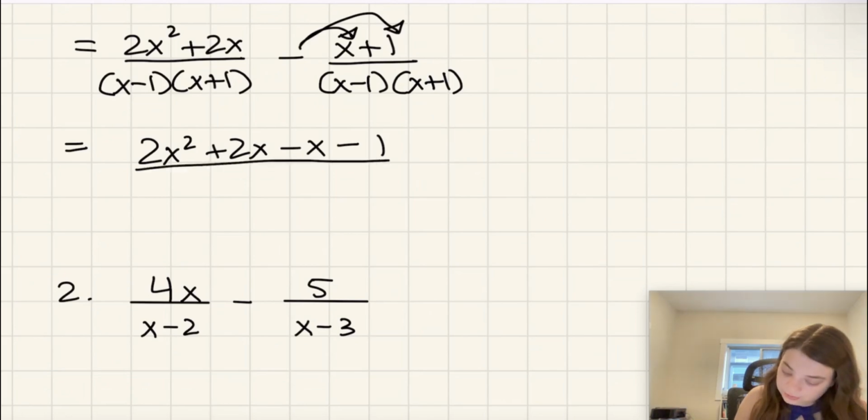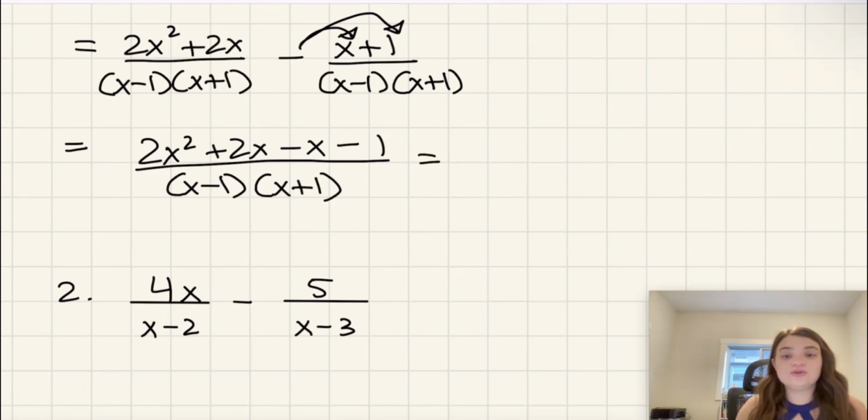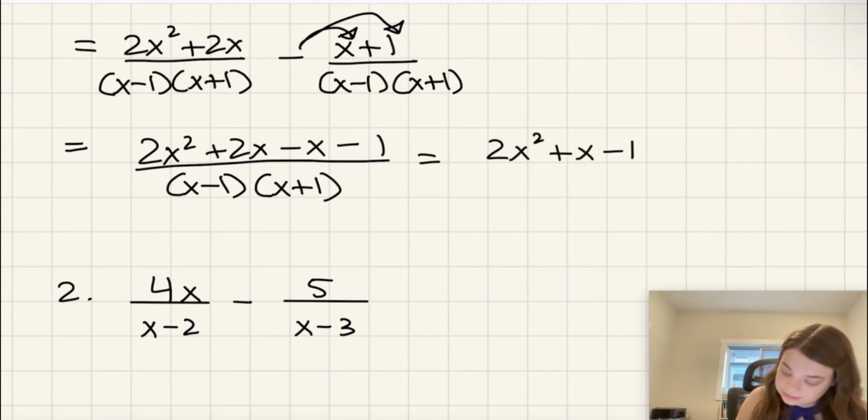And that's all over the denominator of x minus 1 times x plus 1. And then I'm just going to simplify the numerator just by combining the 2x with the negative x and getting that 2x squared plus x minus 1 over x minus 1 times x plus 1.